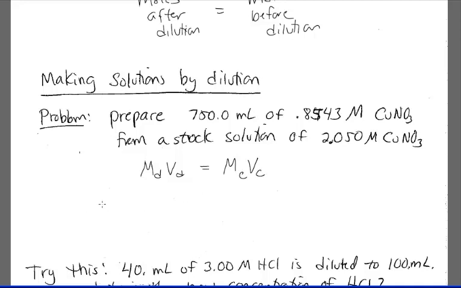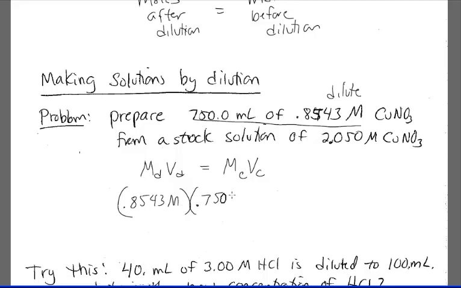All right, so what do we know? The dilute solution is the one we want to prepare. So the molarity of the dilute solution is 0.8543 molar. The volume, remember to make it in liters because molarity is in moles per liter.